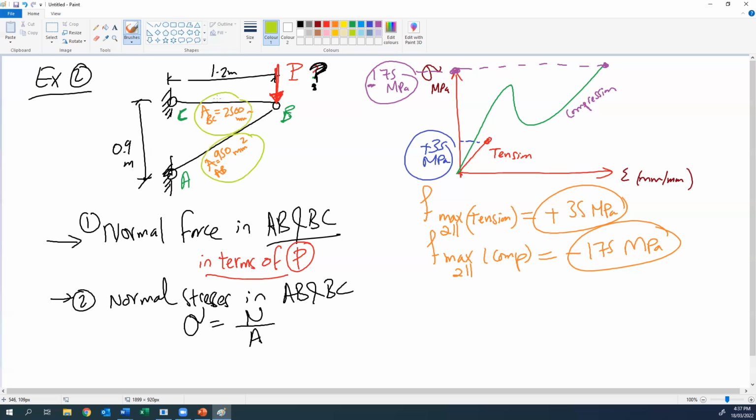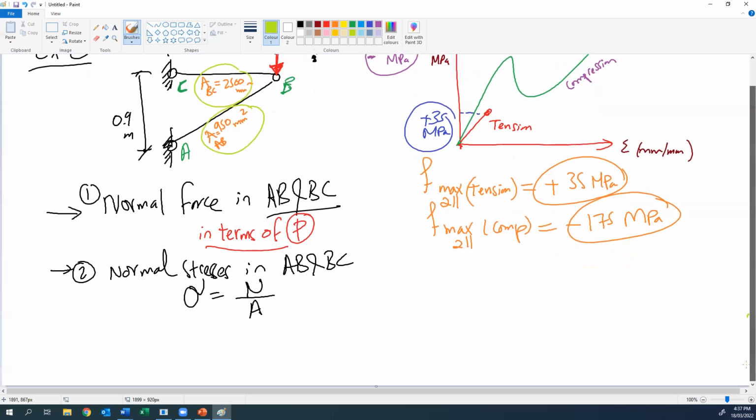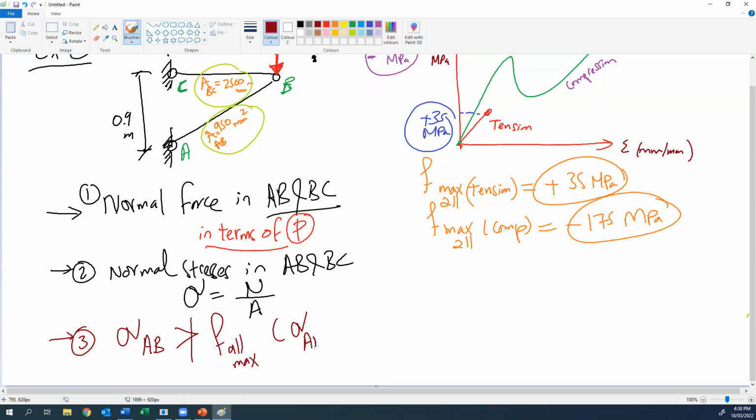Okay. The last step is to equalize these stresses with the maximum, because the stress in member AB shouldn't be more than the allowable stress of the material. If sigma AB is less than the allowable stress, this means this member is safe.